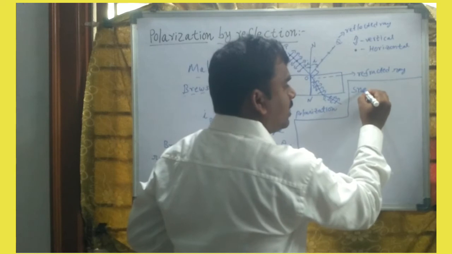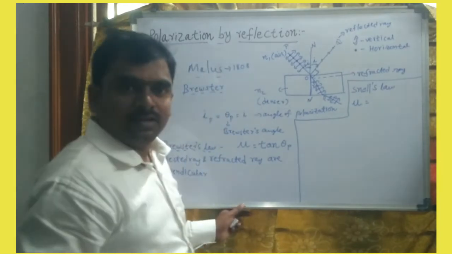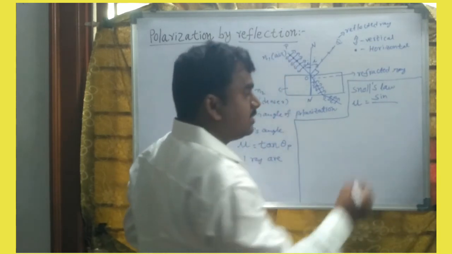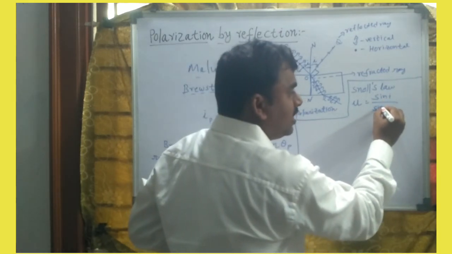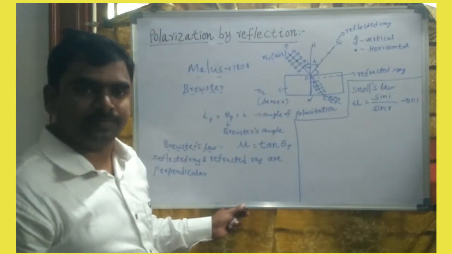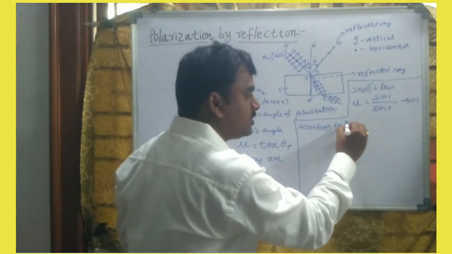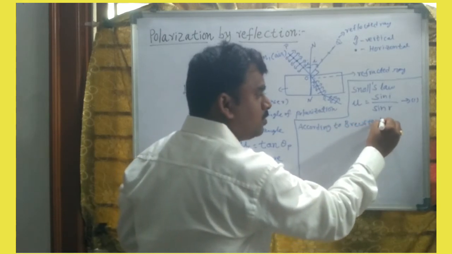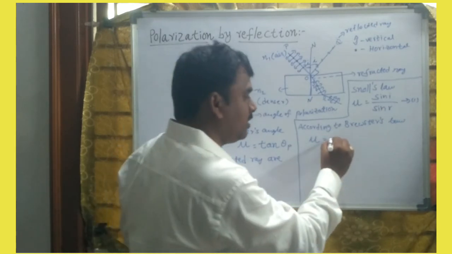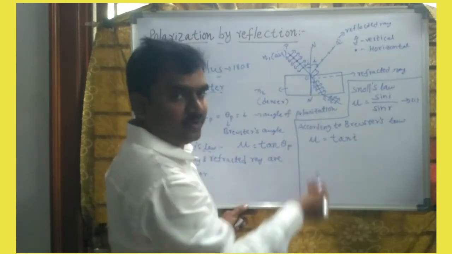According to Snell's law, the refractive index of the medium is the ratio of the sine of the angle of incidence to the sine of the angle of refraction. That we call equation 1. According to Brewster's law, the refractive index of the material equals the tangent of the angle of incidence, or polarizing angle.